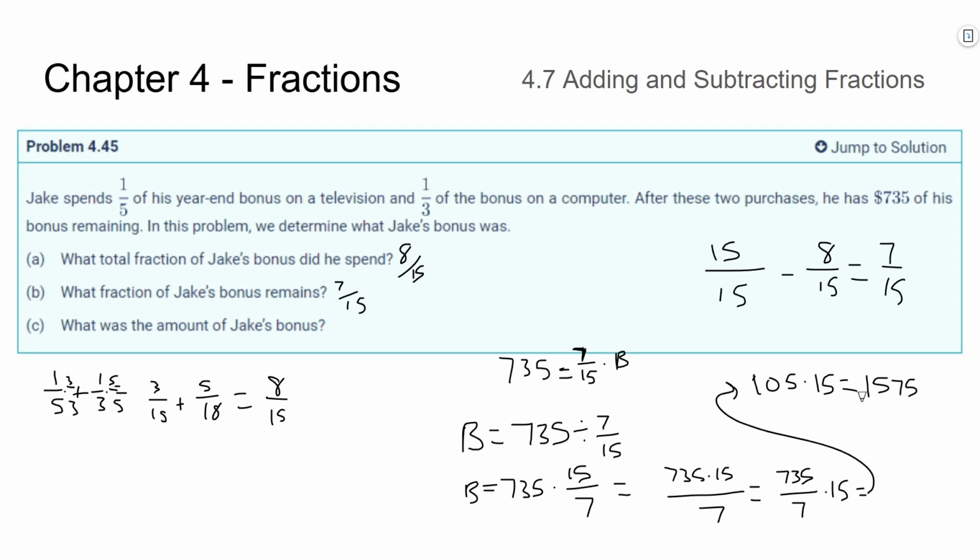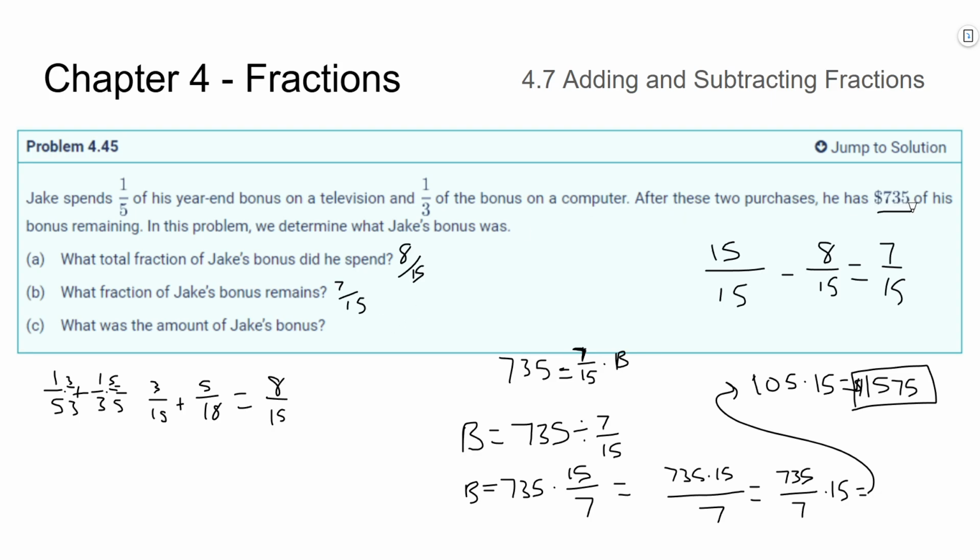And that would be what? Again, if you go back to the word problem and think about what the question is asking you, what was the amount of Jake's bonus? So it'd be $1,575. And does that make sense? So we know that once he spent 8/15 of the bonus, he had 735 left.